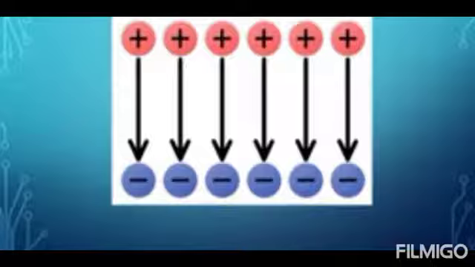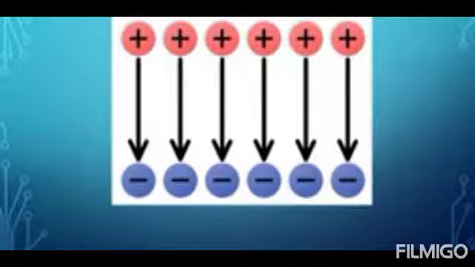This electrical level, deciding the direction of flow of electric charge, is called electrostatic potential.